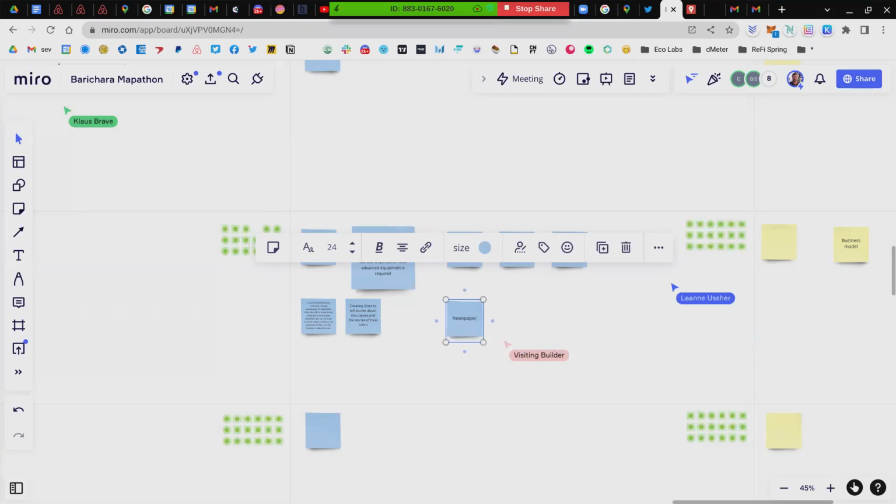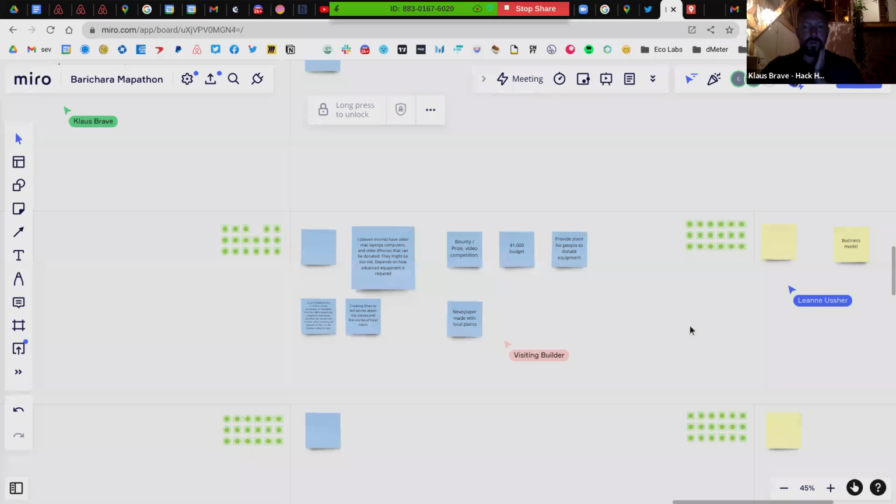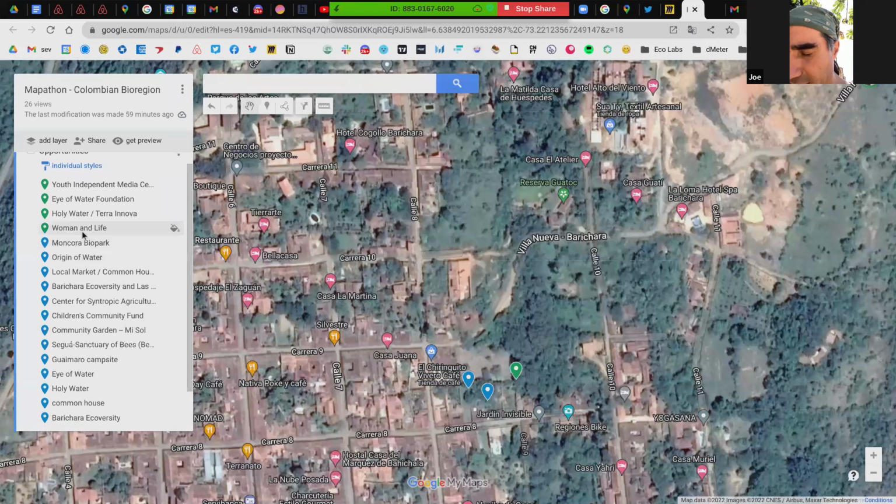All right. Shall we move on to the next? Let's do it. Yes, we're ready to go to the Casa Común and community market. Is that right? Sure. The only other one we had at the top here was holy water, Agua Santa. No, we haven't done that yet. Whichever one is next, you have the most insight there, so please choose whatever you think.